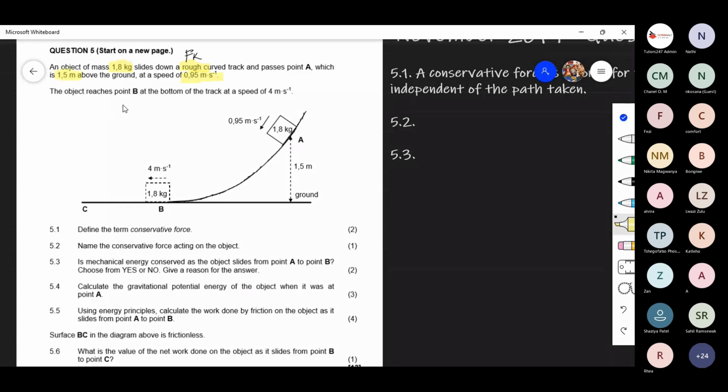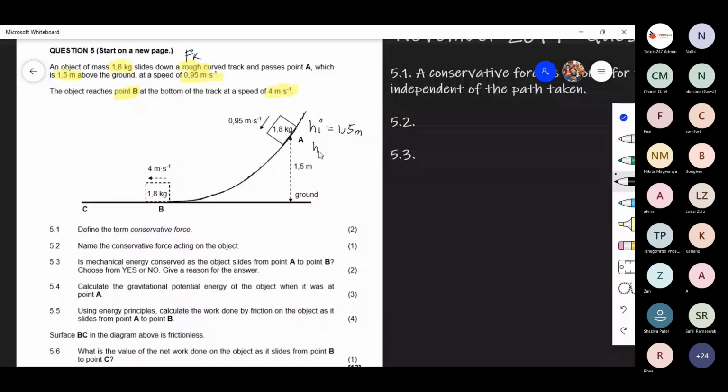The object reaches point B at the bottom of the track at a speed of 4 meters per second. Because they've stated point B as the final, this is going to be our initial height, which is 1.5 meters.